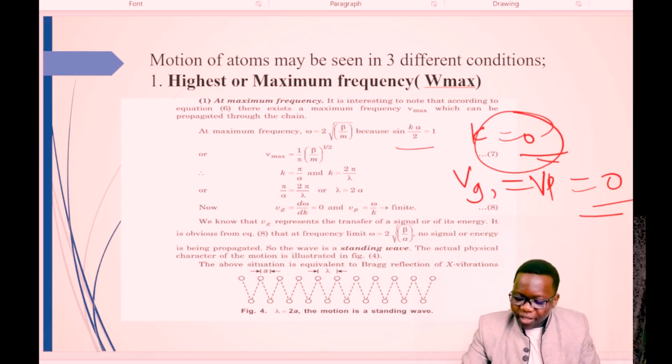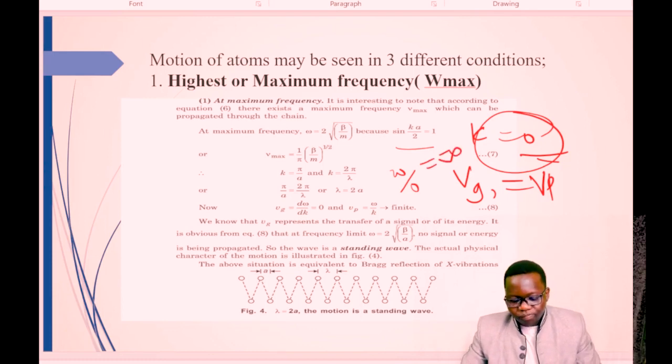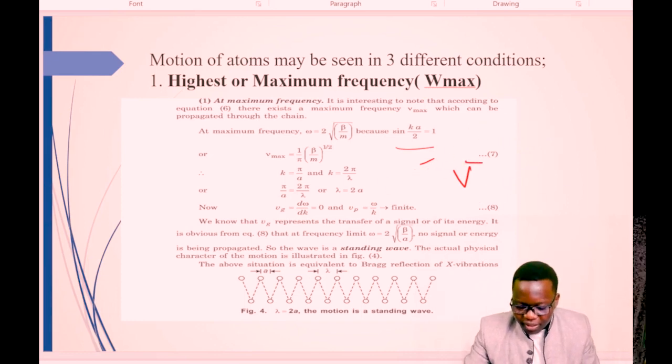We can't define it, so we would not conclude that it's this. If omega is maximum divided by a value that's not there, we actually get an infinite value. So we can't tell actually the value of the phase velocity. That's what we see there.